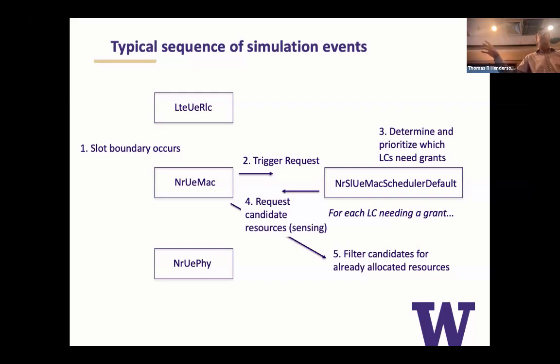We're not going to schedule to use the same resource. So once these have been filtered by the scheduler, it'll have a pool of available resources that it can now pick from. Then it will schedule the grants, and it will schedule any retransmissions that need to occur.